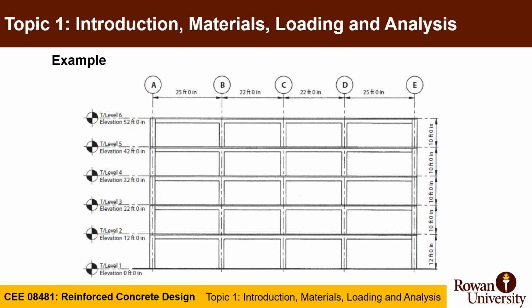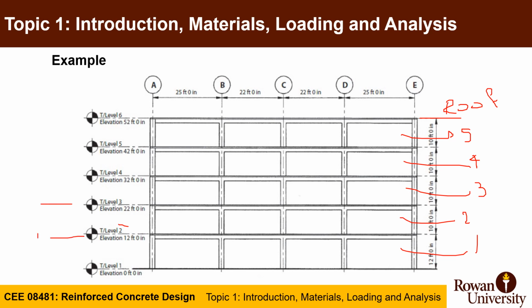And in the elevation, you will have the roof here. You have story number 5, story number 4, story number 3, story number 2, story number 1, which should give you level or slab 1, slab 2, slab 3, slab 4, slab 5.